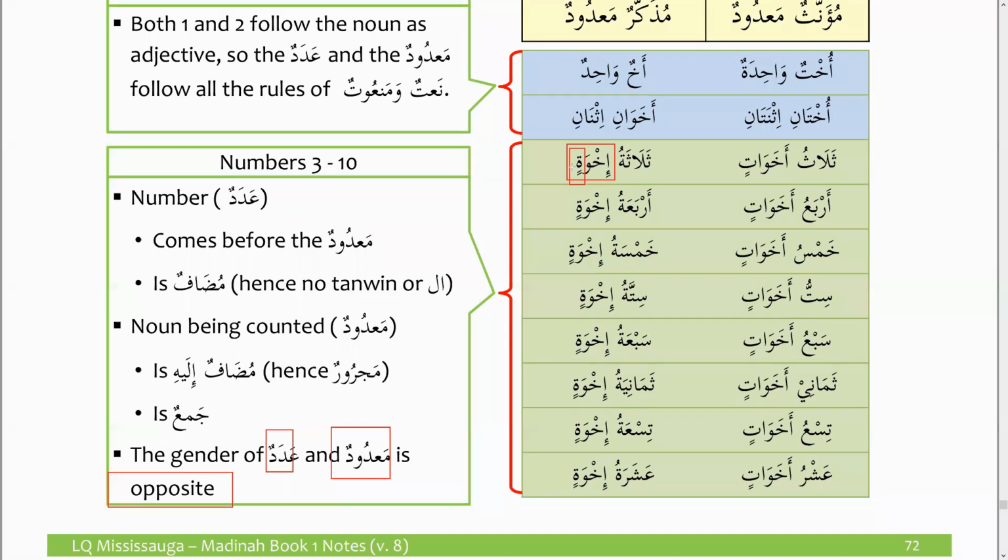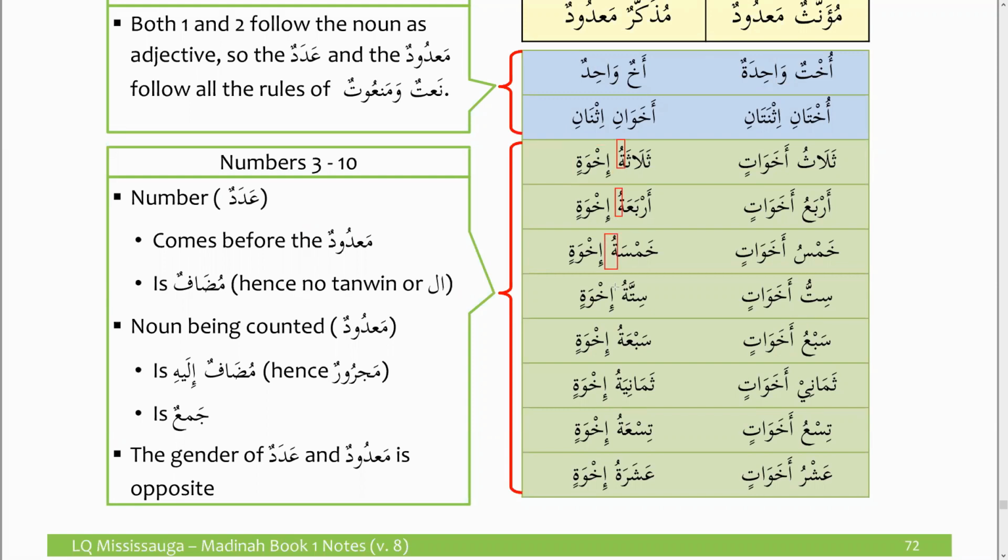We never guess the gender by looking at the plurals; we look at the singulars. There are some masculine words which take ta in their plurals, but that doesn't make them feminine. Ikhwa is masculine. Brothers are masculine, so see, the genders are opposite.